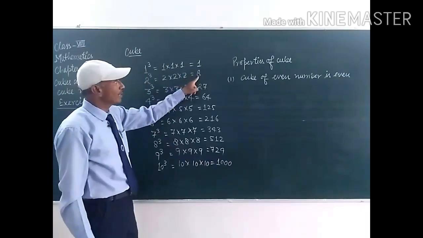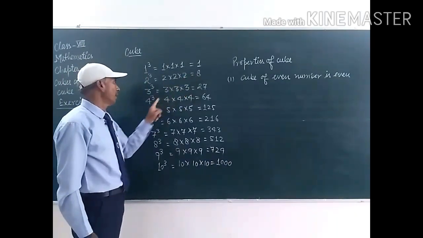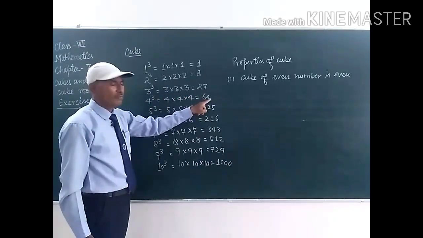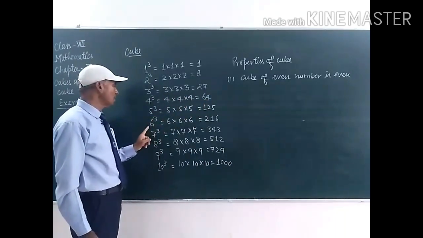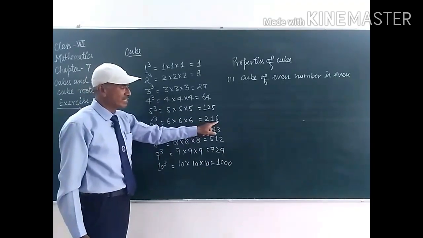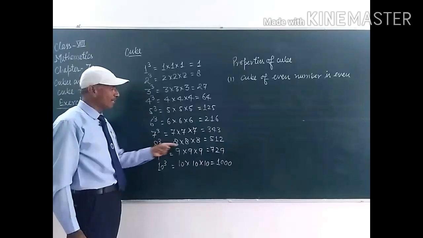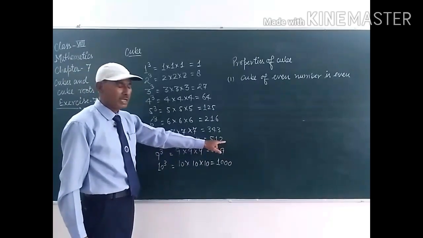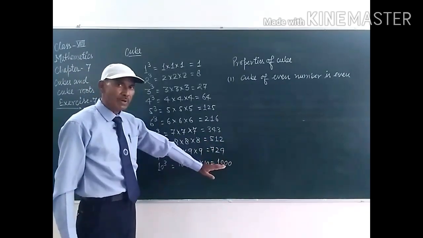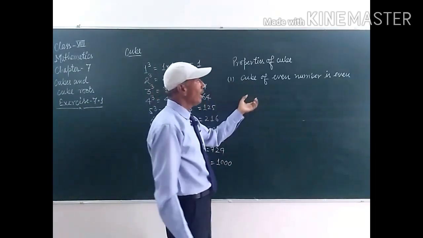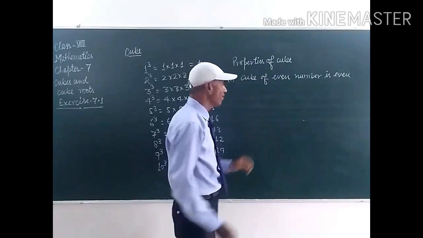So the cube of this number is an even number, and the cube of 4, that is 64, is also an even number. Cube of 6, that is 216, is an even number student, and cube of 8, that is 512. Cube of 10, that is 1000. These numbers are even numbers students. So the cube of an even number is always even.